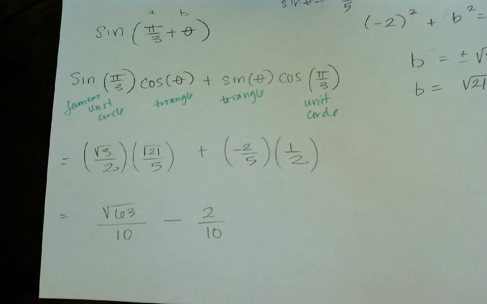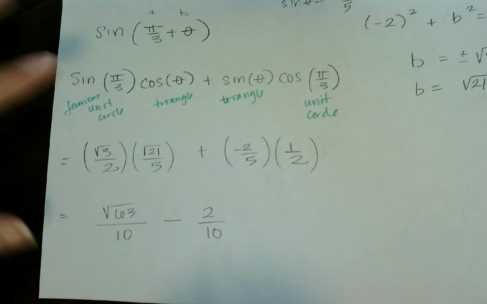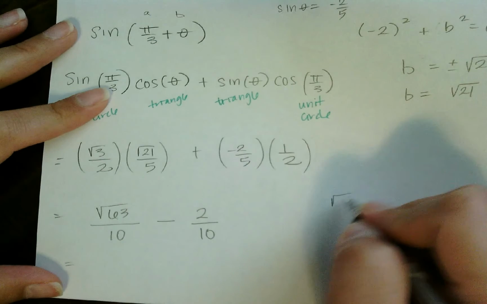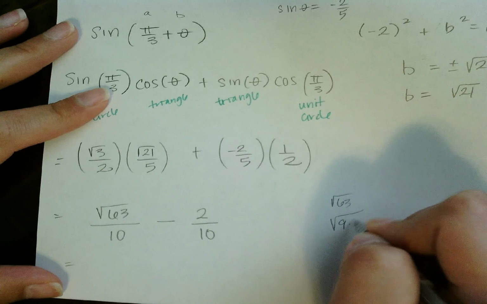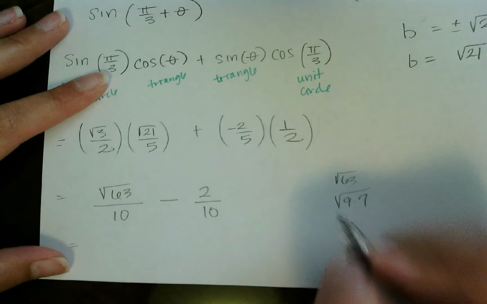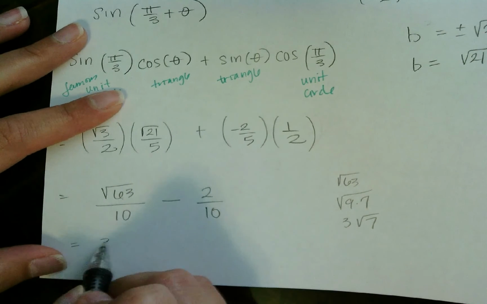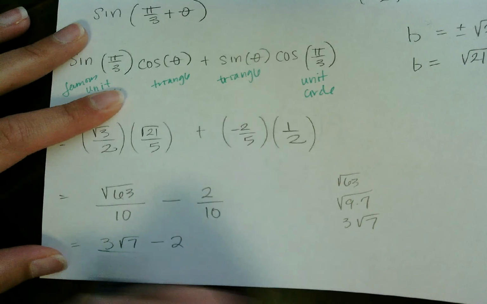I would normally simplify, but since you're going to combine this into one, what's this thing called? Fraction, I want to leave the common denominator. But you can also simplify this guy a little bit. The square root of 63 is the square root of 9 times 7. So that's actually 3 root 7. So you always have to simplify your square roots. So this is 3 root 7 minus 2 all over 10.